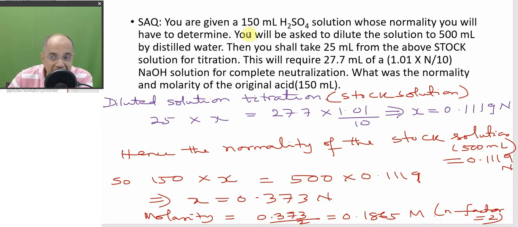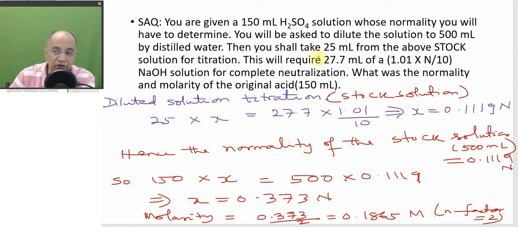You are given a 150 ml sulfuric acid solution, whose normality you have to determine. You will be asked to dilute the solution before titration. Supposing this is a concentrated solution, you will be asked to dilute it by using a 500 ml measuring flask, to 500 ml, by adding the required amount of distilled water.